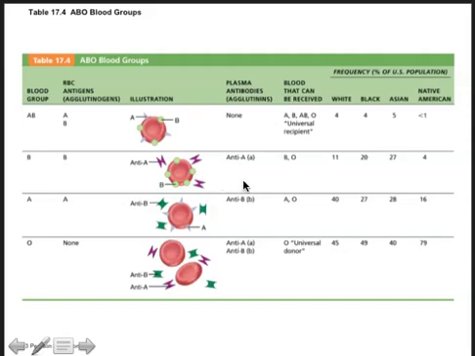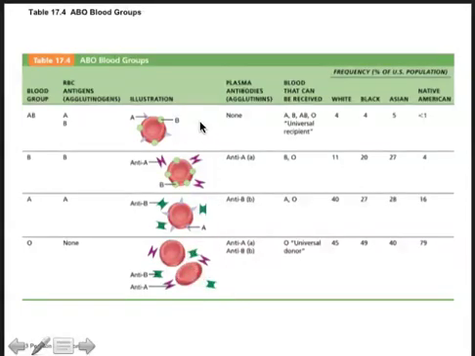Okay? Now, an AB individual is, in a sense, the luckiest individual of all, because an AB individual has both the A and B antigens on their red blood cells, and as a result, they do not have antibodies against either A or B in their plasma. And as we already stated, there is no antibody against the O antigen.